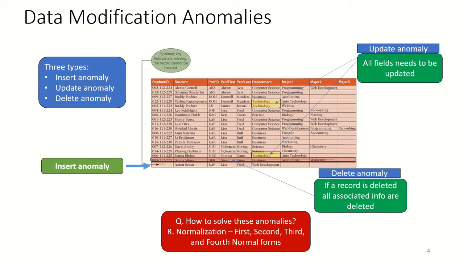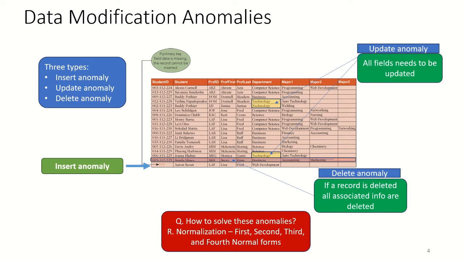In order to solve the problem, it is related to data modification as well as data query. If you think about the data modification issues here, you can see that there are three categories of problem you can have from this table.